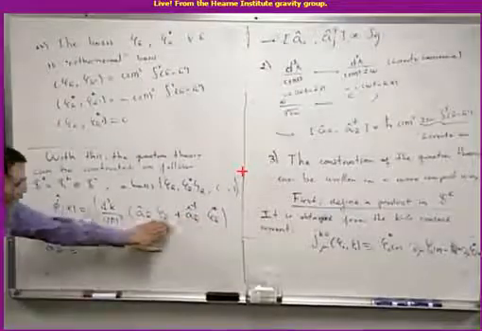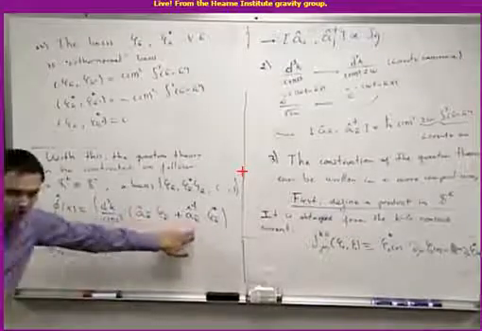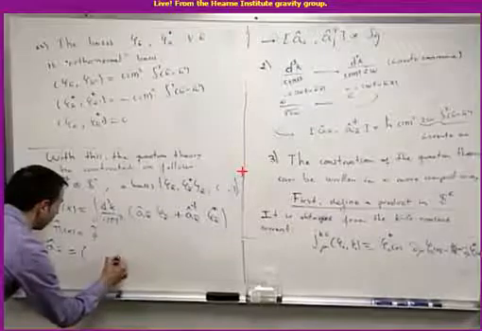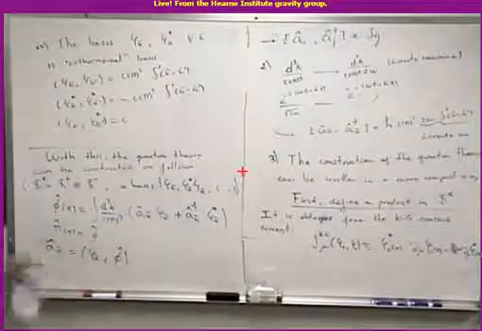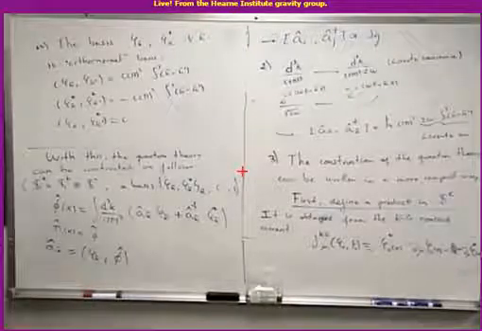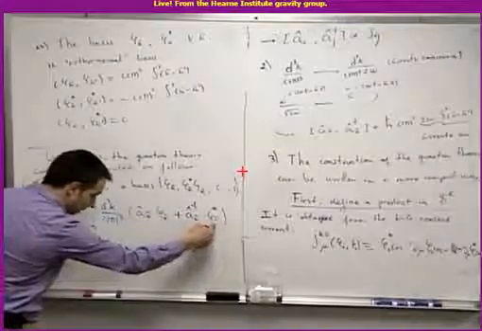But the basis is orthonormal, so we have a nice way of extracting the coefficient. How do you extract the coefficient? Multiplying your vector by the element of the basis that you are interested in. This is the coefficient. If what you want is this other coefficient, you have to multiply by this element of the basis.